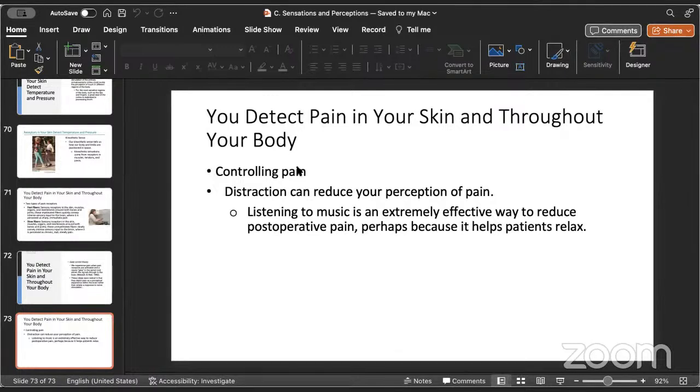One of the big areas in psychology right now is what's called health psychology, and most health psychologists work in pain clinics.